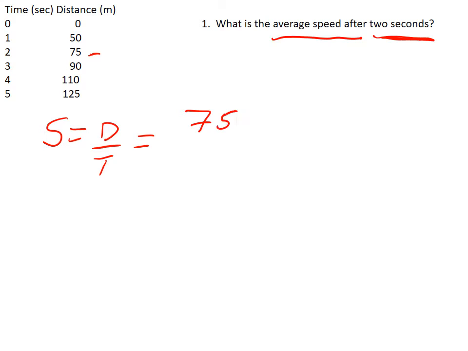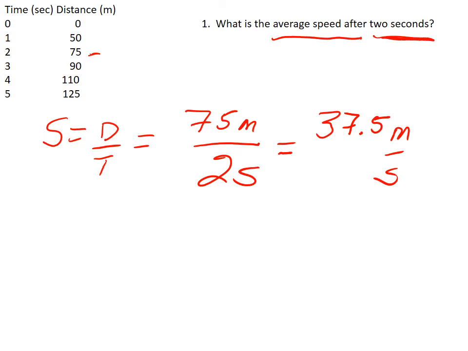That's the distance value you'll use. The time, of course, is 2 seconds. When we run it through our calculator, we come up with 37.5 meters per second. And don't forget, anytime you do a math problem, you want to put a box around your final answer. So that's just a simple speed equation.